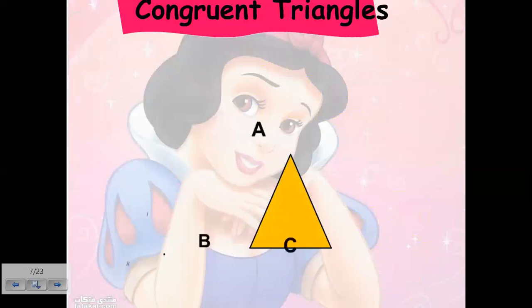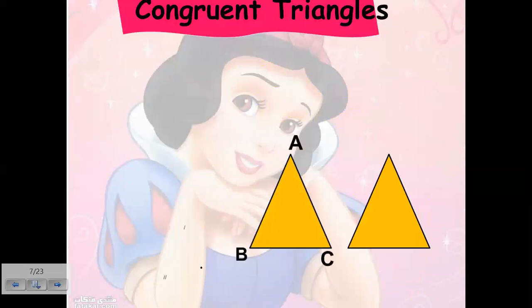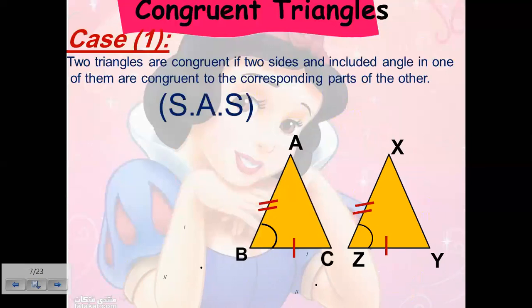I have this triangle ABC and I have another triangle XYZ, and the length of BC equals the length of ZY, and the side length of AB equals the side length of XZ, and the measure of angle B equals the measure of angle Z. So triangle ABC is congruent to triangle XZY, and in this case it's side angle side.